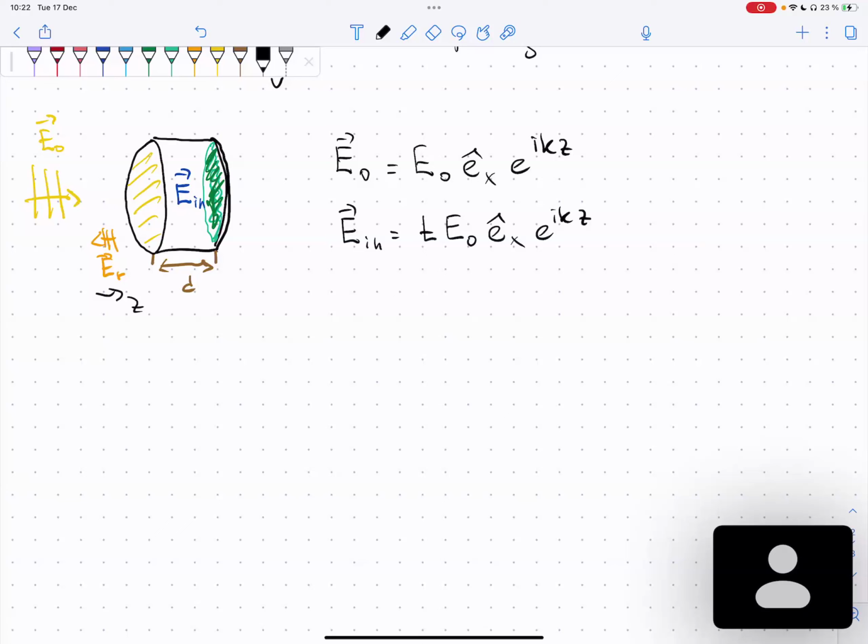Well, not perfect, but close to perfect absorber. And if thickness is much larger than the wavelength, then before light reaches this part, it almost perfectly absorbs. And another case is a perfect mirror, and obviously when everything reflects from this surface, then there is nothing to reflect from this part.